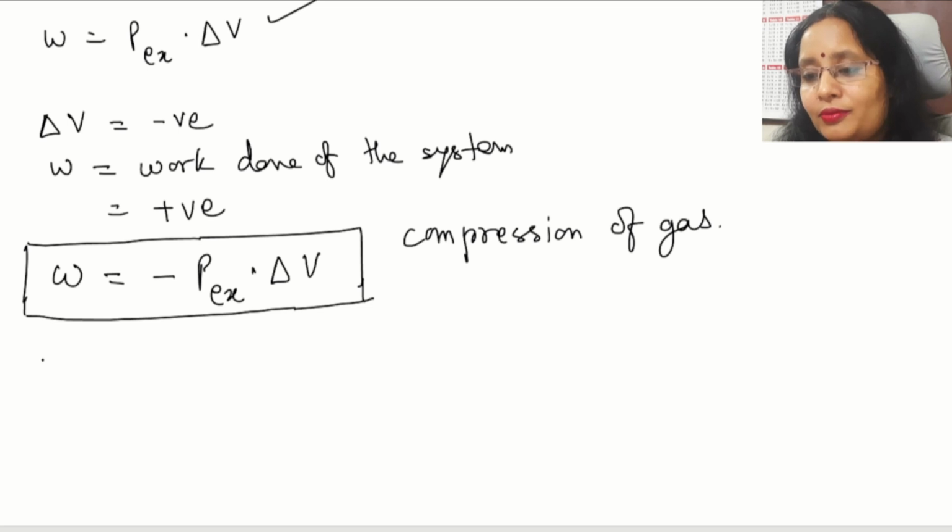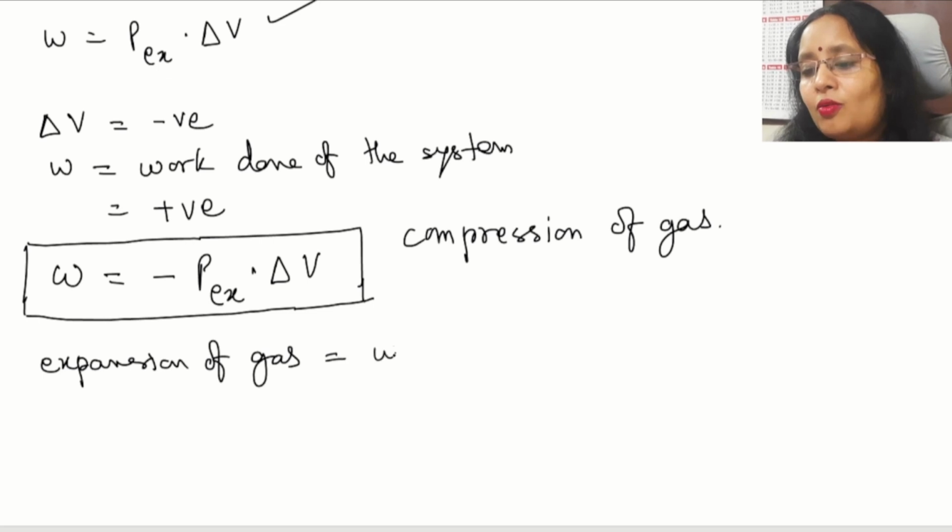Now we can say expansion of gas. What is happening here? Work is done by the system.